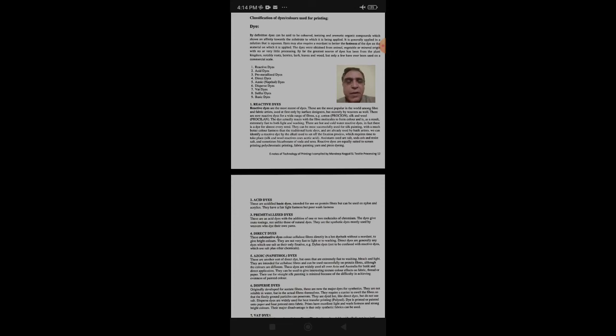There is a special bond of attraction between the textile material and the direct dye. Normally they are used for cotton materials. A special thing about these dyes is that no special chemical is used for them. They are applied immediately on the materials.